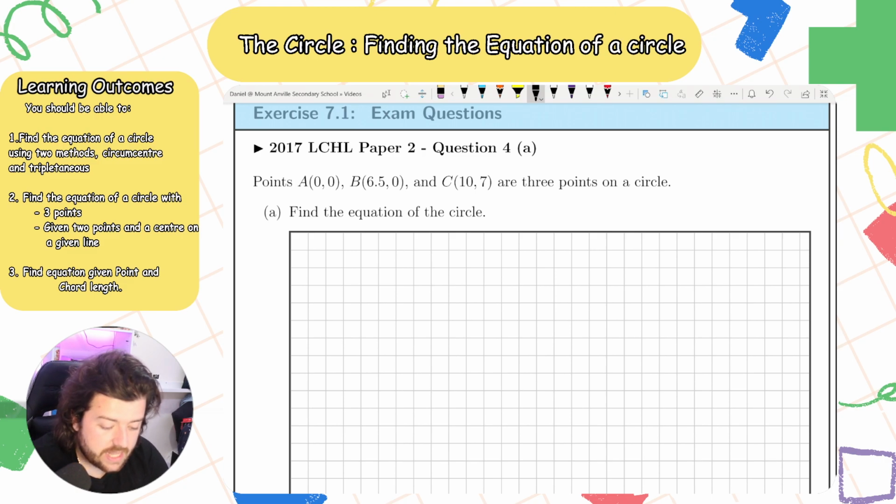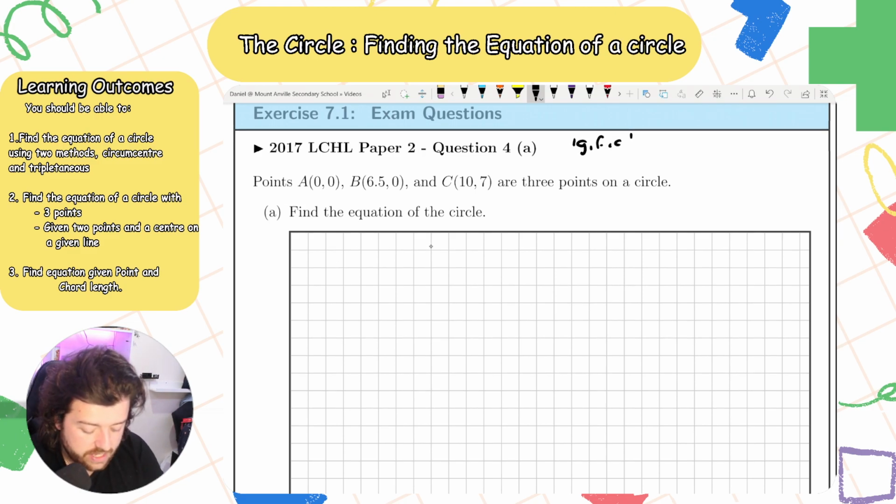For this video, I'm just going to be using the algebraic method, or the GFC method. So let's sub all these points in. Remember, the general equation of my circle is x squared plus y squared plus 2gx plus 2fy plus c equals 0.